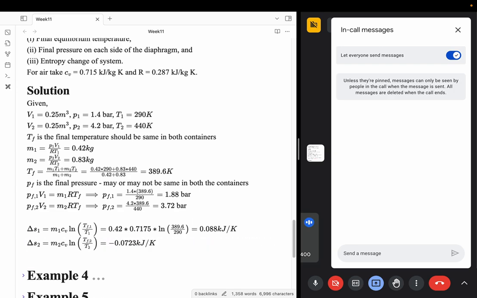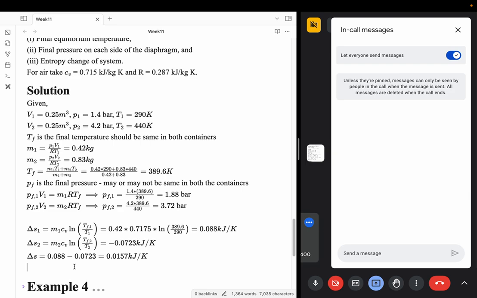Once you have delta S1 and S2, you can calculate the net change in entropy for the total system. Which is positive, since it's an irreversible process, it should be positive and it is positive.